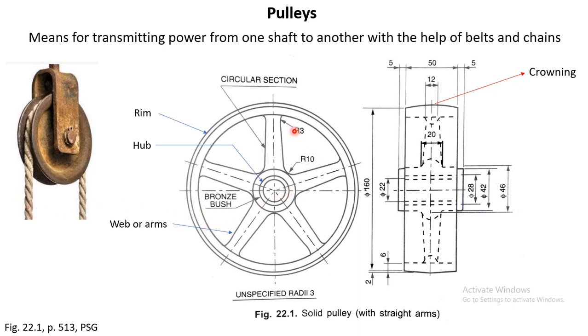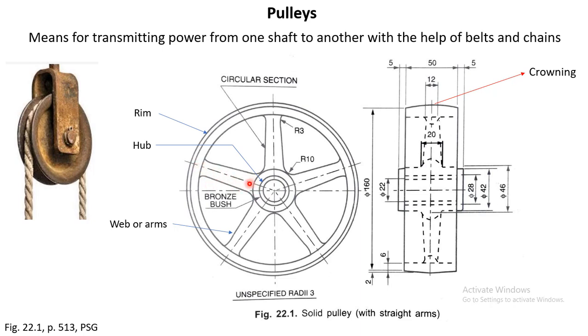A pulley has three main parts. The first is the rim. The rim is the place where the belt passes through. Next is the hub, which is the central part. This is also called the boss, and the shaft actually passes through this hub. In between are the webs or arms.